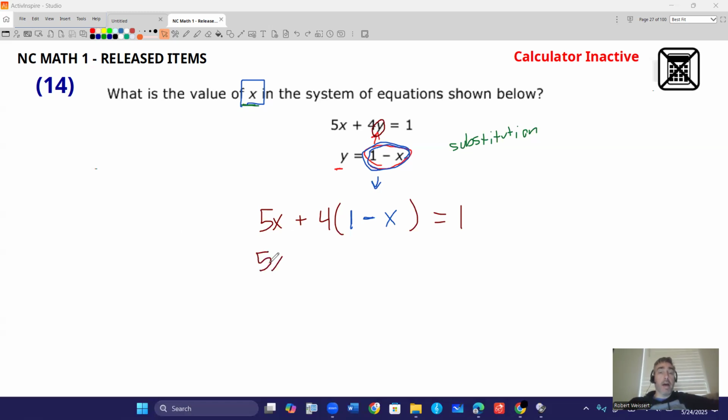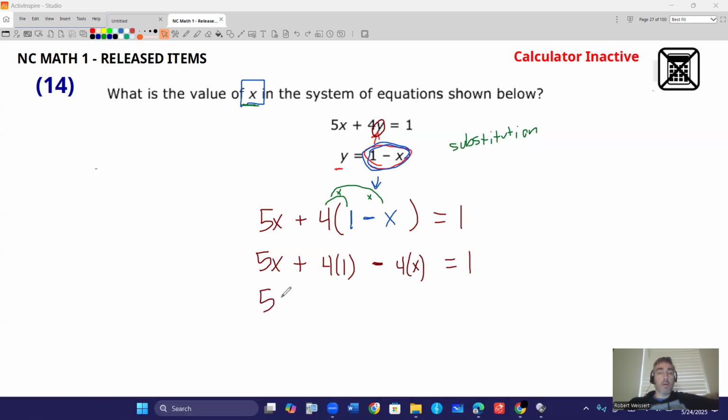So it's going to be 5x plus 4. Oh, I've got a 4 outside the parentheses. I should probably distribute that. So 4 multiplied by 1, and then 4 multiplied by minus x. So it's going to be 4 times 1, minus 4 times x, equals 1. That's distributing.